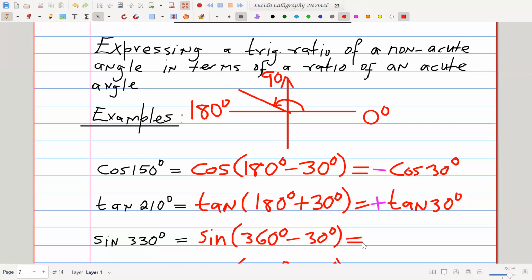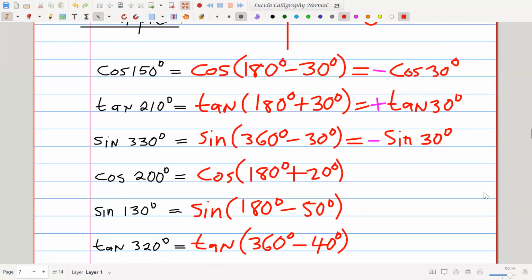Think of sine 360 minus 30 degrees. That is in the fourth quadrant. Only cosine and its reciprocal are positive there. It simply means sine has to be negative, so we'll have negative sine of 30 degrees. So you can write it like this actually, which is very nice.